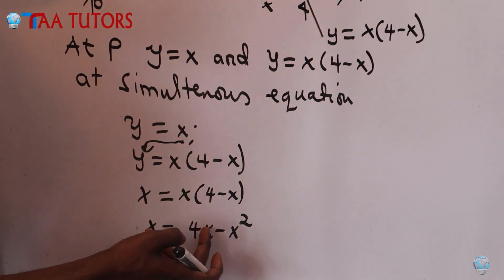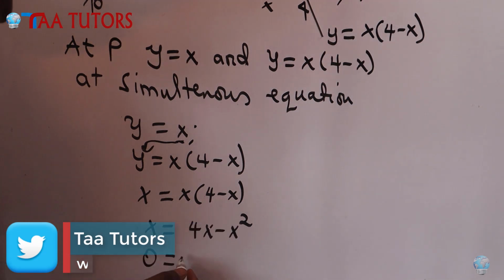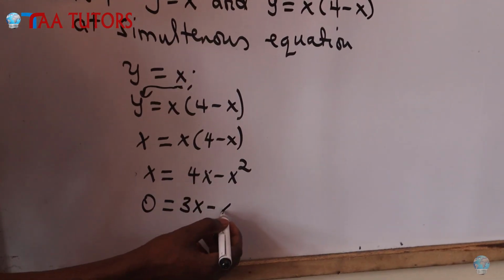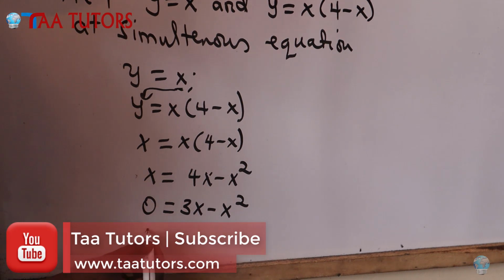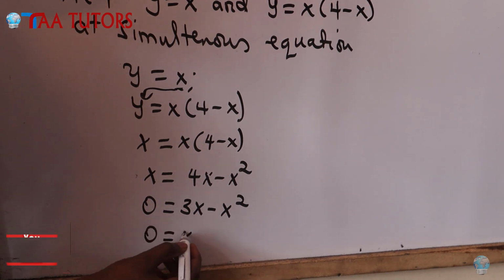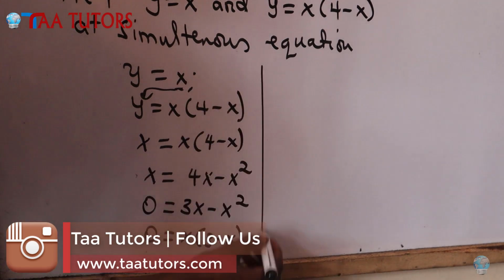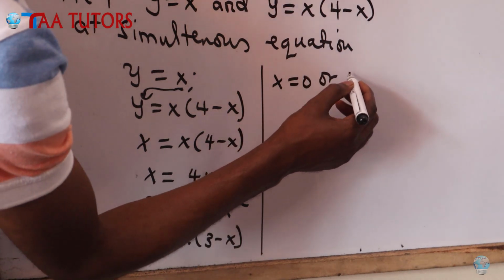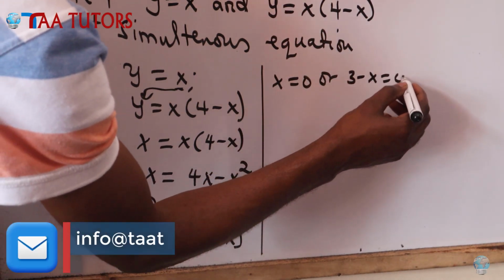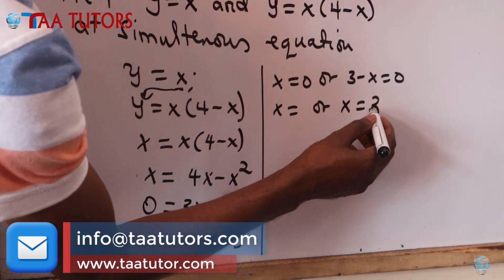If I bring this x here, I'll get 0 equals, this will be minus, 3x minus x squared. But I can factorize x, so I can say this is x into 3 minus x, meaning either x is 0 or 3 minus x is also 0. So here x is 0 or x equals 3.